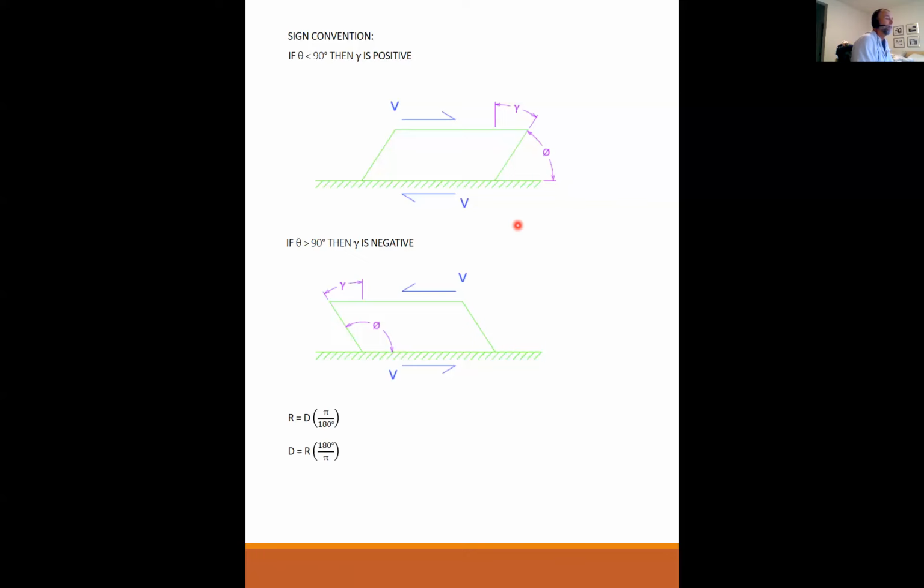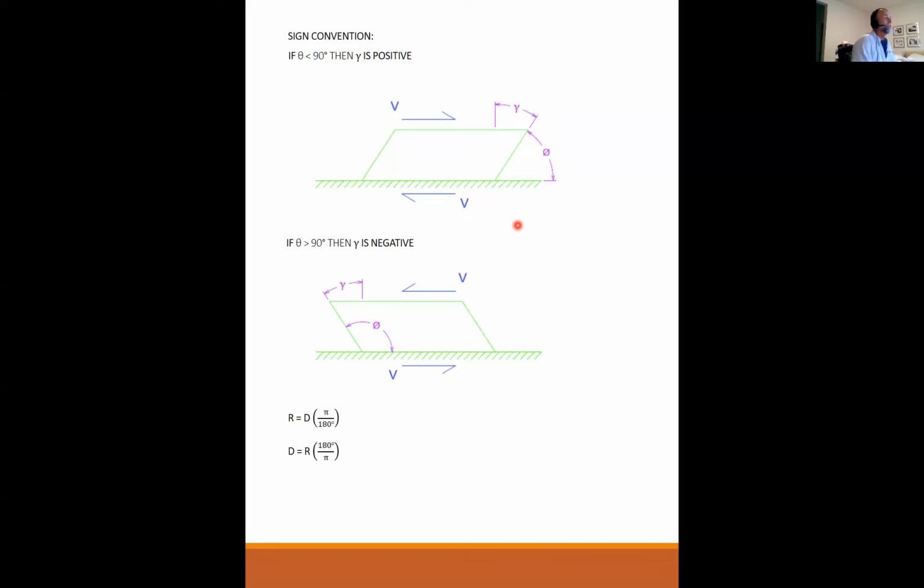If you are using these principles in something much more complicated, like figuring out the stress field in a sheet of steel, or figuring out what's going on in a complicated reinforced beam, then what really matters is that you're consistent, or else all of your equations are going to get thrown off way down the line. But there's no real physical, tangible difference between shear strain positive and shear strain negative.